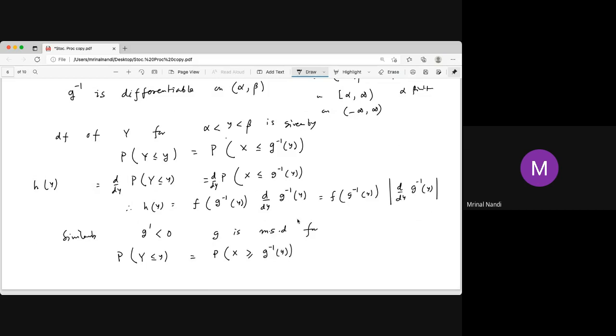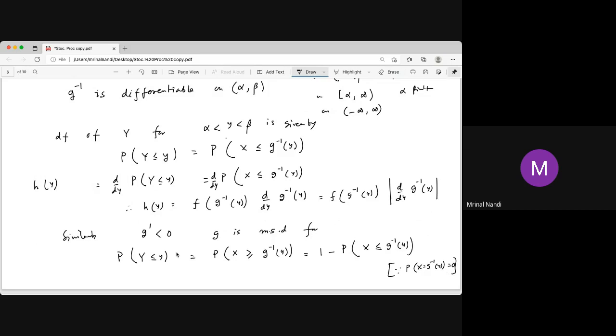Just the sign changed, the inequality changed. And this is 1 minus the probability of X less than or equal to g inverse y. Remember that X is of continuous type, so the probability of X equal to a single point is 0.